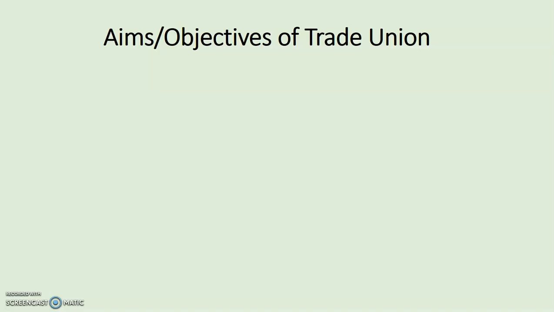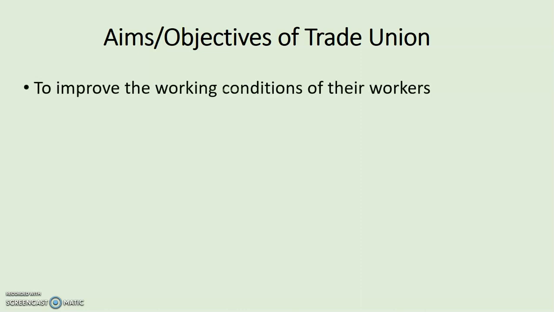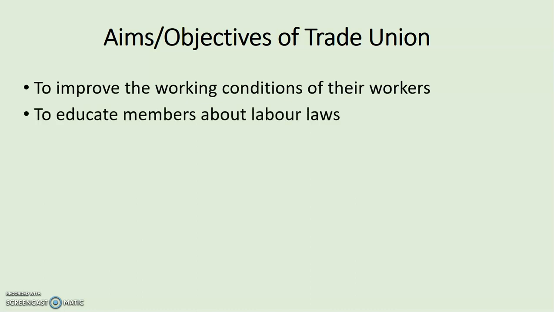Now we look at the aims or objectives of the trade unions. The first is to improve the working conditions of their workers. Then to educate members about labor laws. Every union has its labor laws, so they are there to ensure that members are aware of their labor laws.